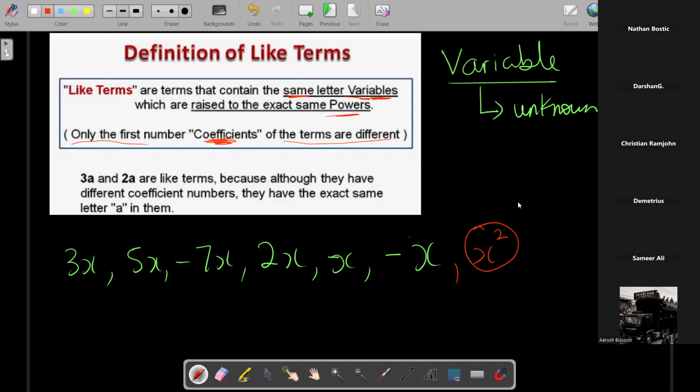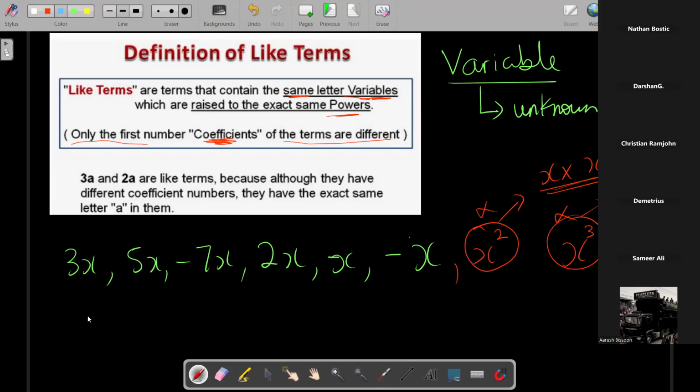The definition of x squared is x multiplied by x, right? The definition of x cubed is x multiplied by x multiplied by x, yeah? x to the power 3. So these here are not the same as x. So be careful of that. Now, all these here are like terms because they contain the x in it. If you have an x squared, it's not the same as x, right? So take note of that.